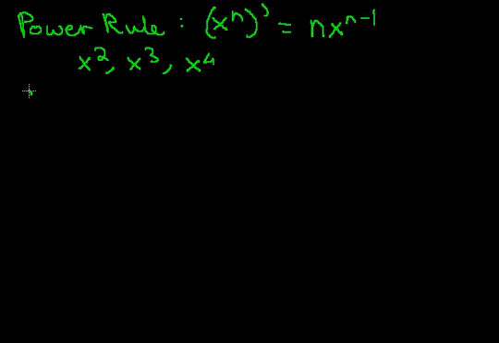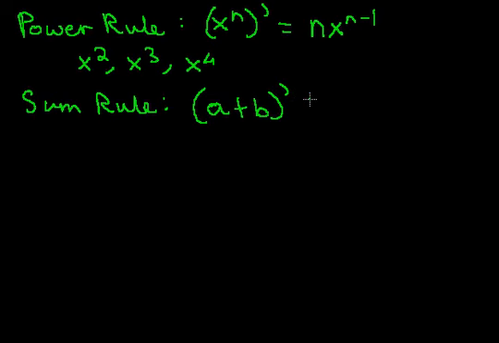Then we had the sum and difference rules. So the sum rule says that if you have two things that are added together, let's call them a plus b, and you were looking for a plus b prime, you can do them separately, a prime plus b prime.